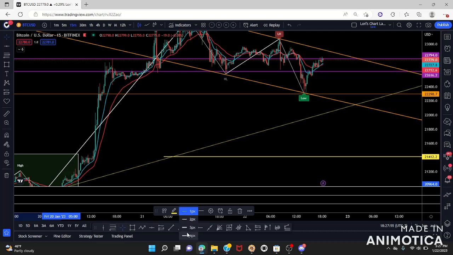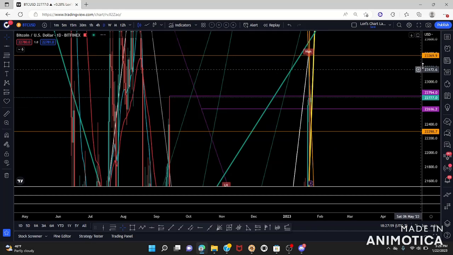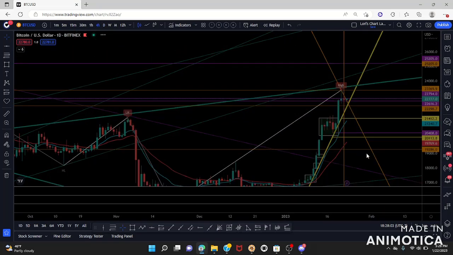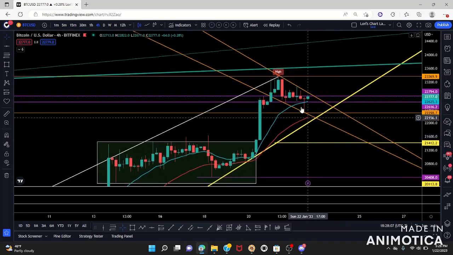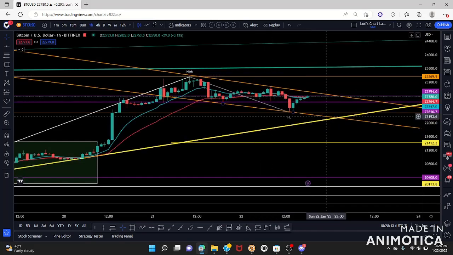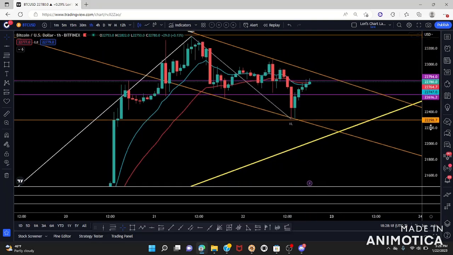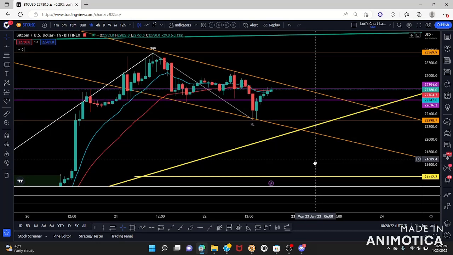I'm going to highlight it. For me to take a short, I have to see price action in the 4-hour come below the 12 EMA. Once the price action comes below the 12 EMA, and in my 1 hour it crosses to the downside and crosses this 4-hour trend line, that'll be an indicator to take a short.